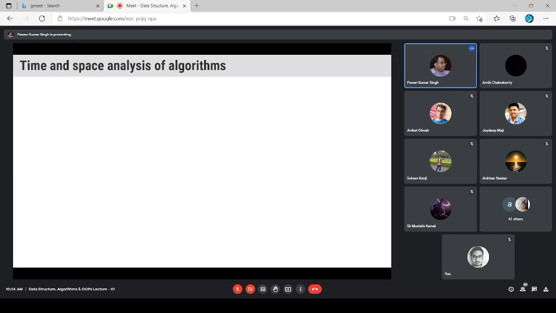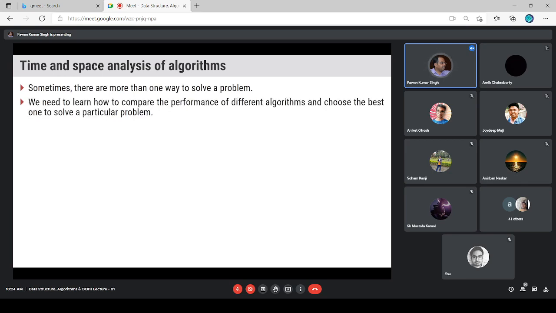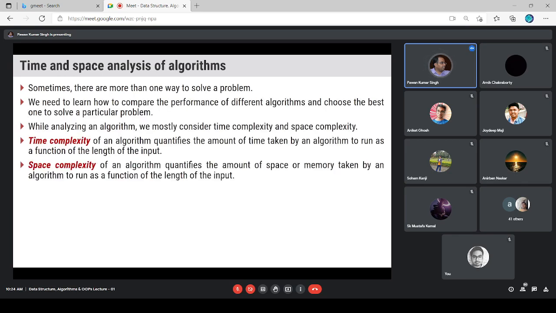Now coming to the time and space analysis of algorithms. Sometimes there is more than one way to solve a problem. We need to learn how to compare the performance of different algorithms and choose the best one to solve a particular problem. There are multiple algorithms existing in the literature, and new algorithms are being designed day by day.